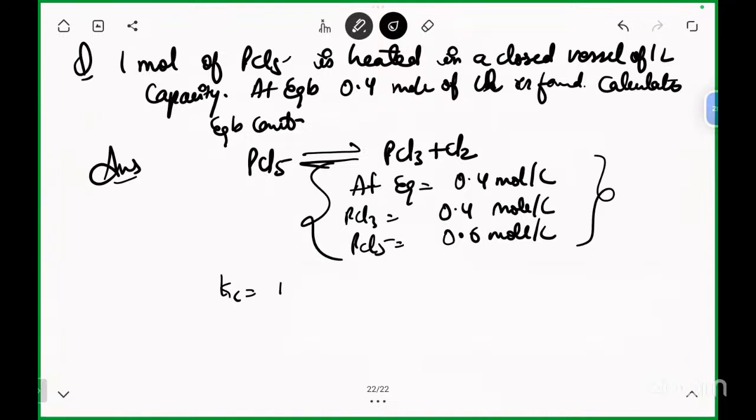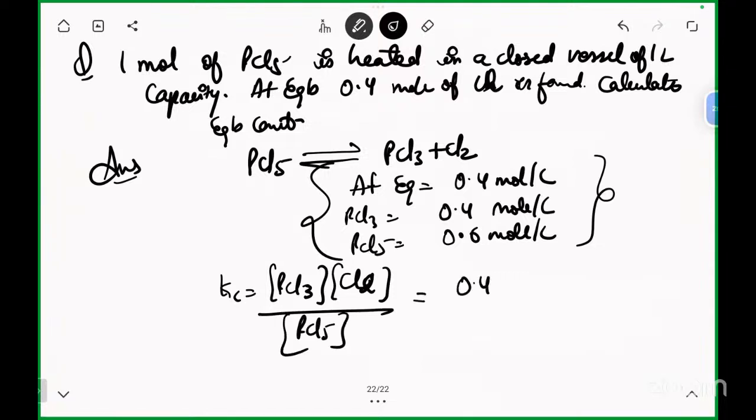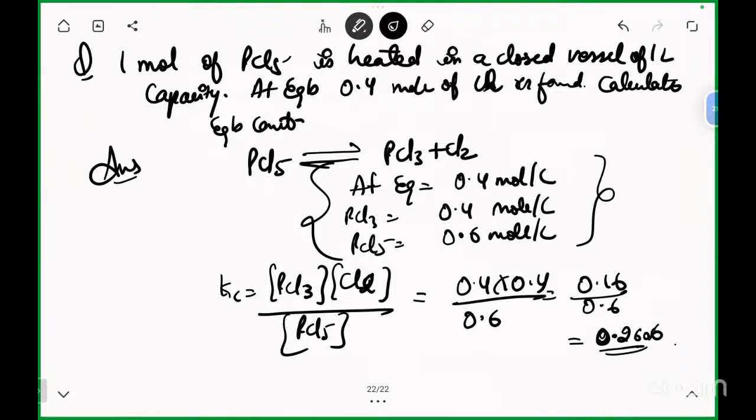Kc is equal to the molar concentration of PCl3 into Cl2 divided by PCl5. Calculate it. It will be 0.4 into 0.4 divided by 0.6, that is equal to 0.16 divided by 0.6, which is approximately equal to 0.2666.